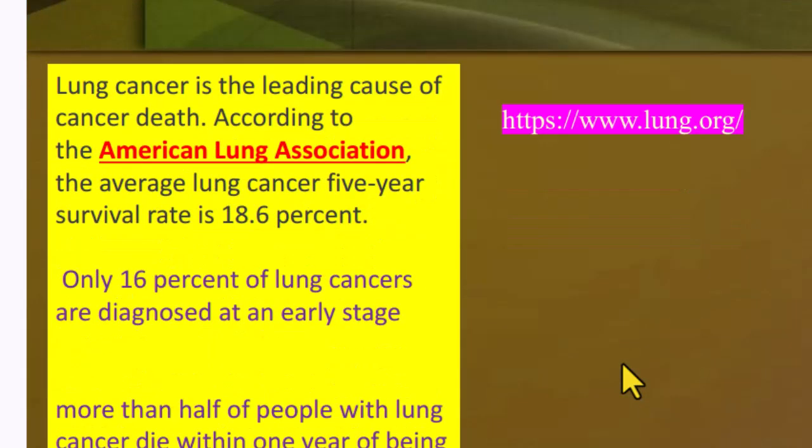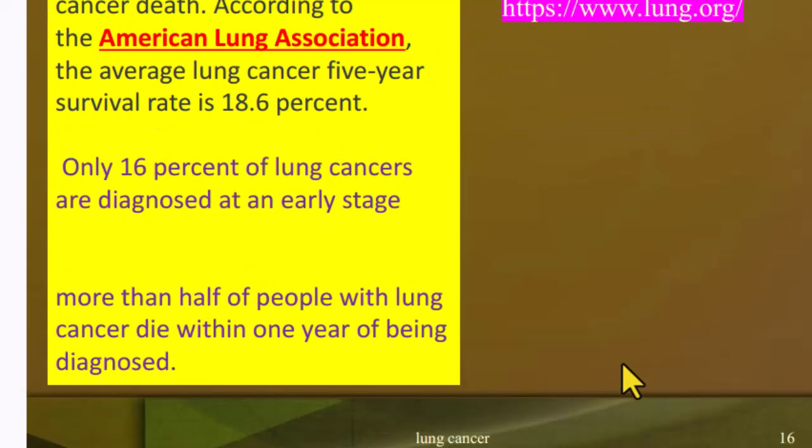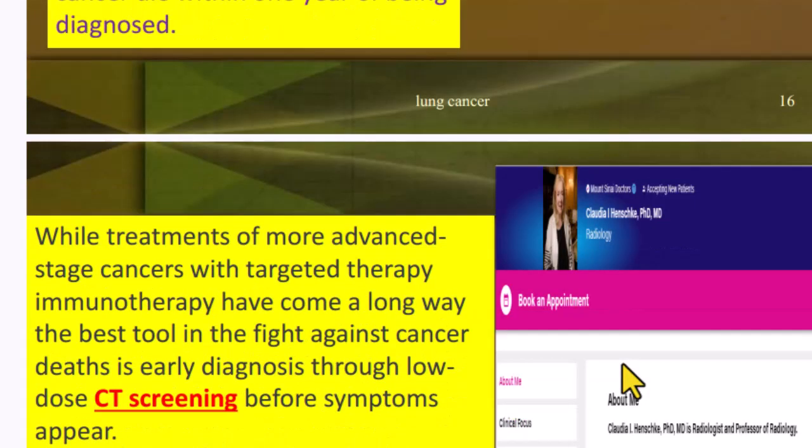Lung cancer is the leading cause of cancer death. According to the American Lung Association, the average lung cancer 5-year survival rate is 20.6%. Only 16% of lung cancers are diagnosed at an early stage. More than half of people with lung cancer die within 1 year of being diagnosed.